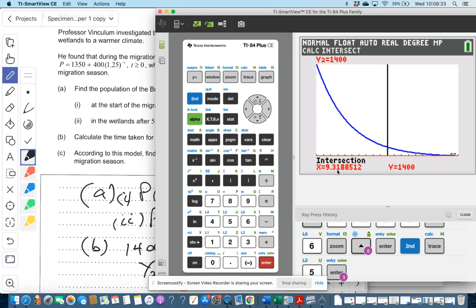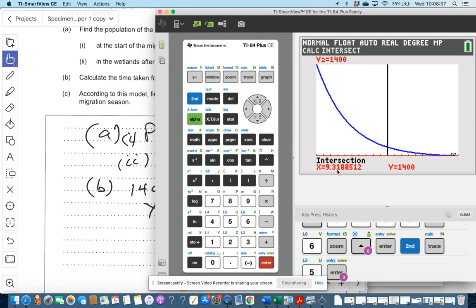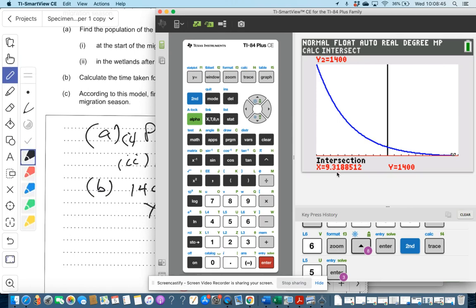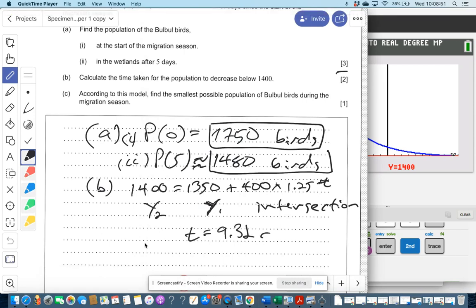Again, the birds are moving all the time. So yeah, the decimal place does actually apply. So I'm just going to say that T is approximately equal to 9.32 days. And it didn't ask us to do it in minutes, hours, minutes, and seconds or whatever.